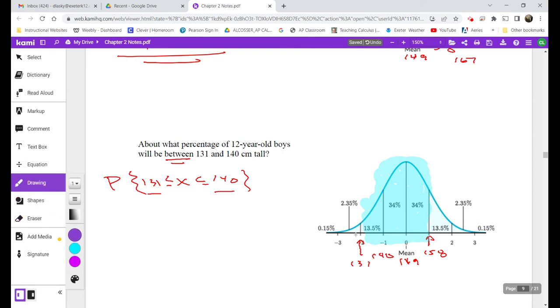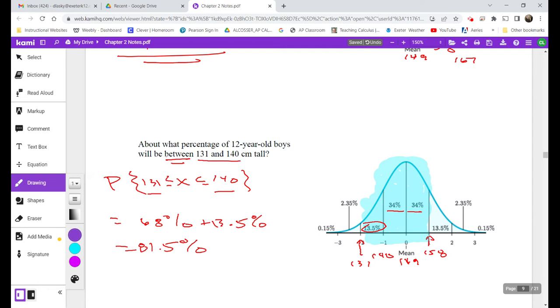So if we look at this, what are the percentages that are right there? Well, those two make up 68%. And my other one that I have in between those 2 points is 13.5. Okay, so when I look at this, that's 68, 81.5%. 81.5% of 12-year-old boys are between 131.